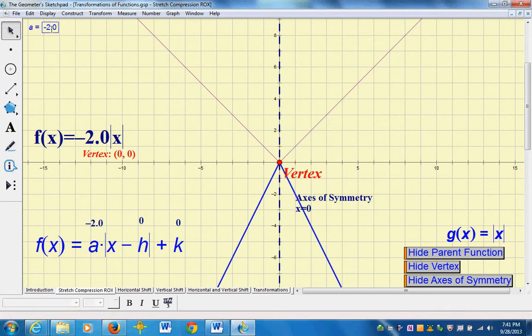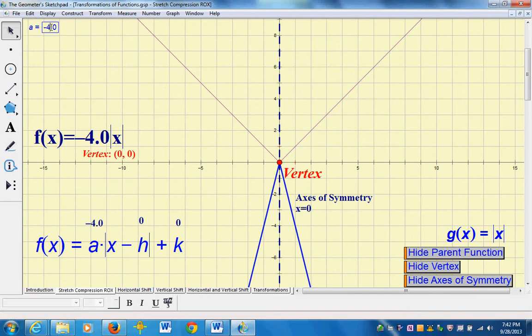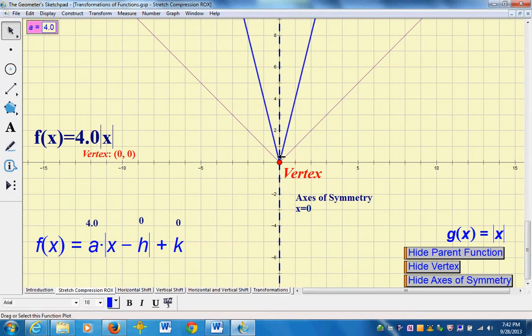If I make this -3, we can see how it's moving in closer and closer to the y-axis. Let's make it -4. It's even closer in. If I make it +4, notice how it's reflected over the x-axis.